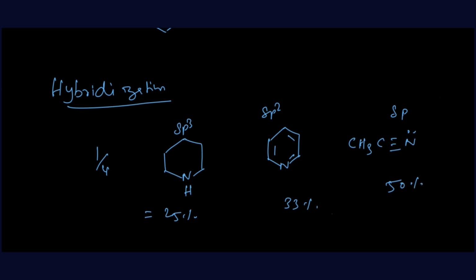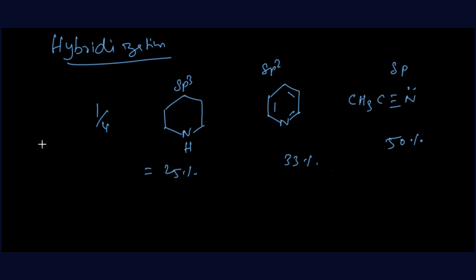This is the nature of s character. Please remember, when the s character is increased, the acidity will increase. Increasing s character means increasing acidity. Decreasing s character means increasing basicity.